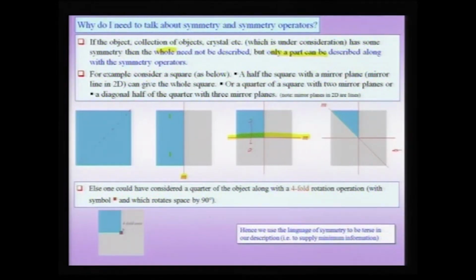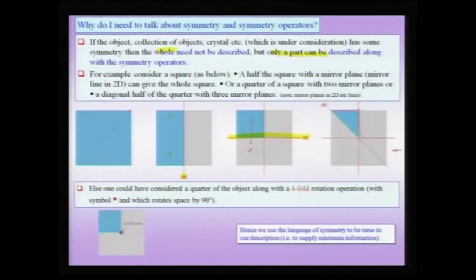In other words, all I need to prescribe is this one triangle, and this triangle in conjunction with these 3 mirrors, the one diagonal mirror, one vertical mirror and one horizontal mirror, will give the entire blue square back to me. Therefore, I have conserved my information, or I have described my object as the least part in conjunction with the symmetry present in the object, and therefore I get my entire original square.